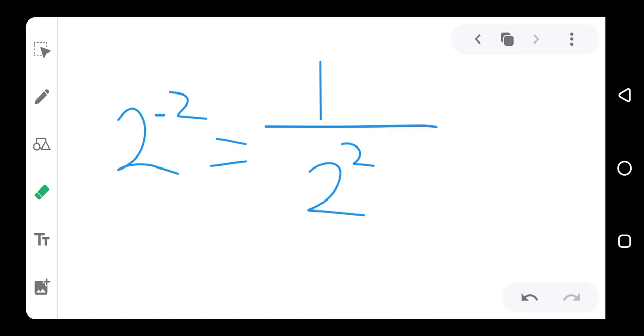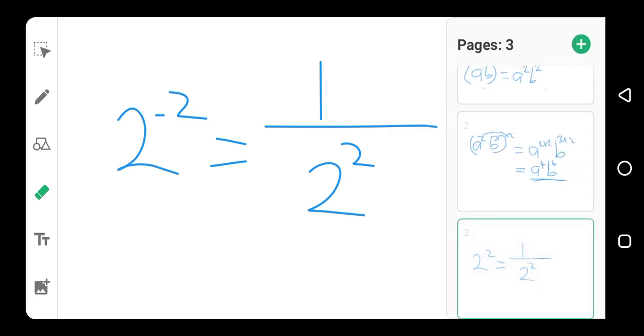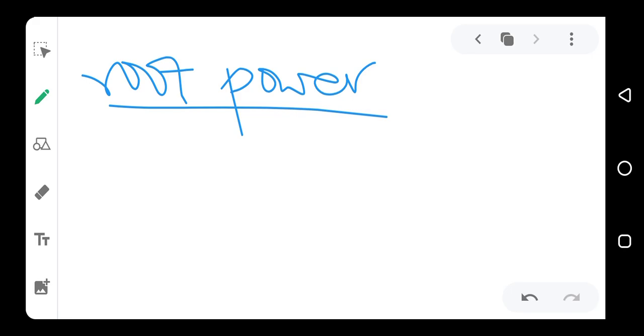Then we have root power. This is very important. For root power, let's say that we have 2 raised to power 3 over 2.